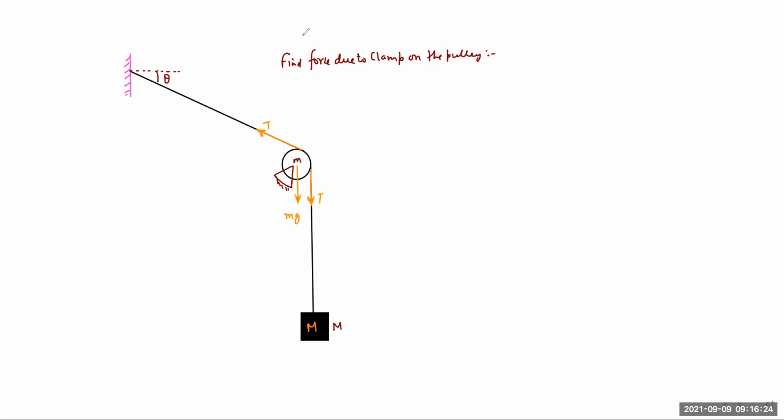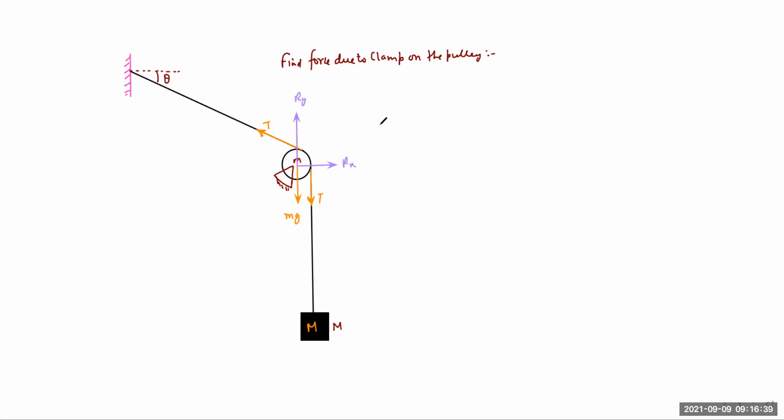So now, if you do the clamp force, the way we did earlier, you can just make it x and y. Keep it x and y, and then just compare the forces. Let's call it Ry. Let's call it Rx.